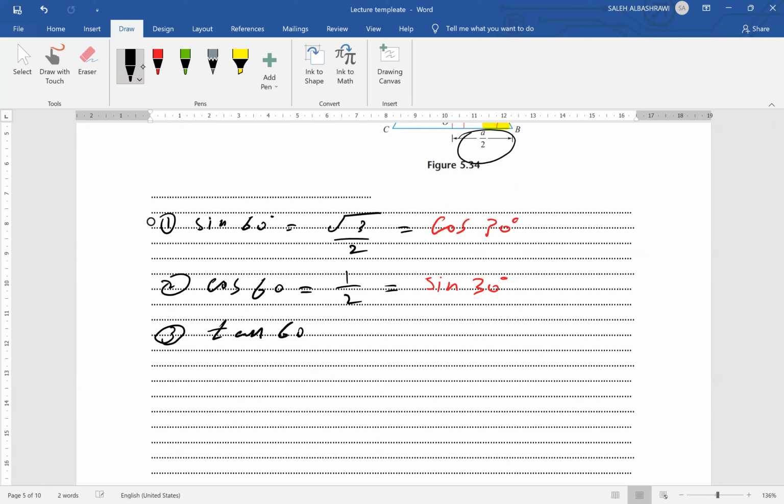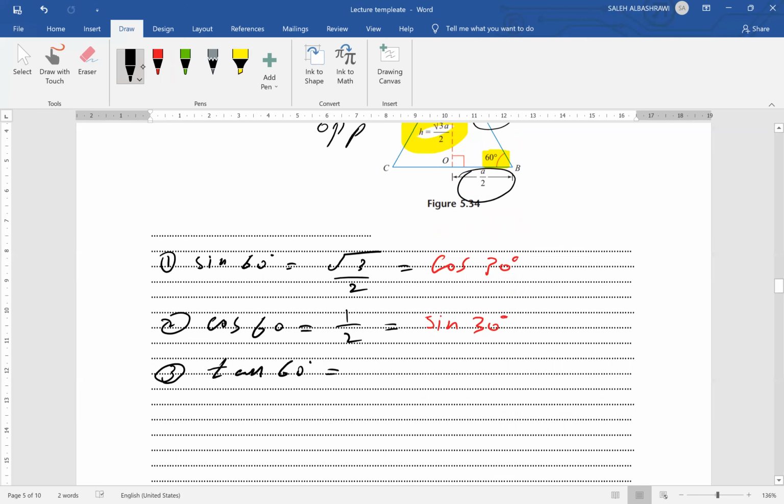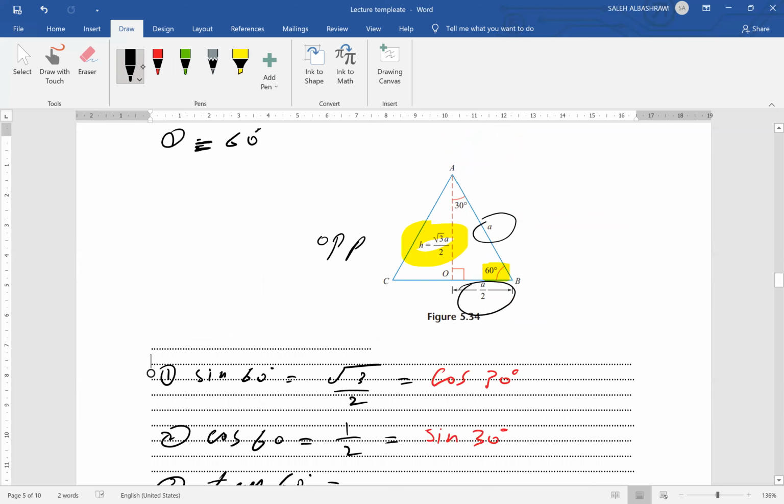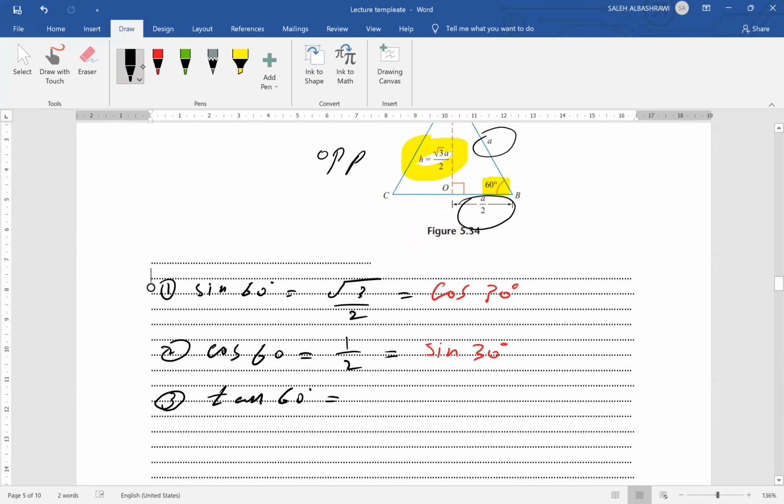For the tangent, number 3, tangent of 60 is equal to opposite divided by the adjacent, and this is equal to square root of 3, which is equal to cotangent of 30.